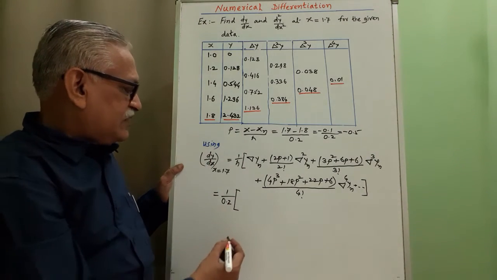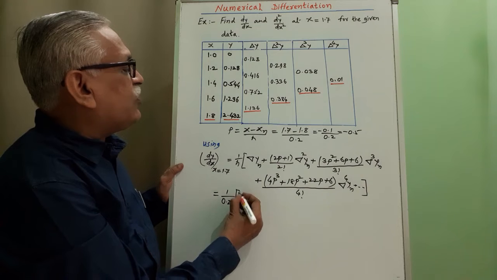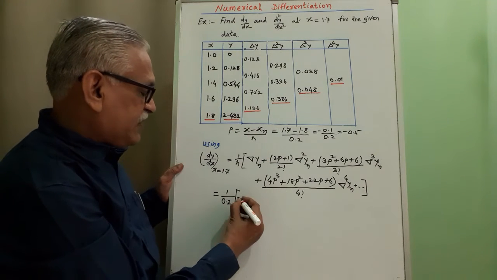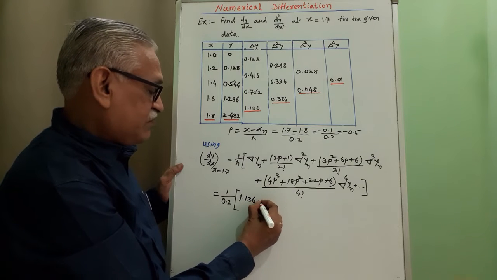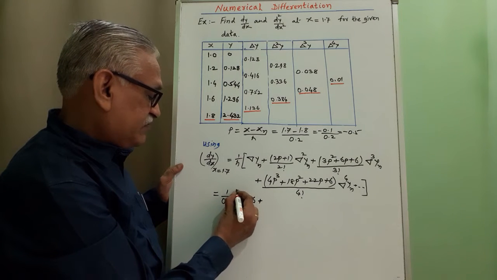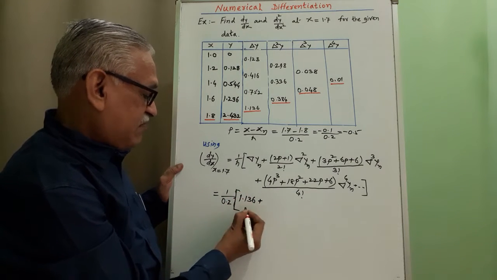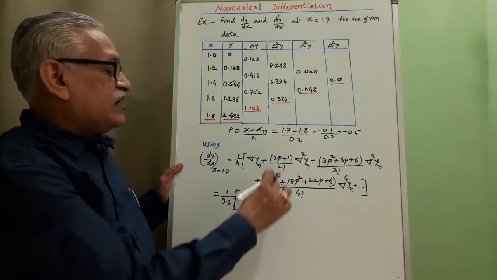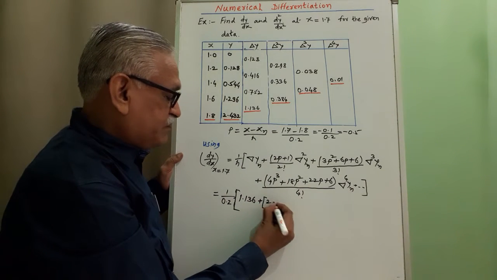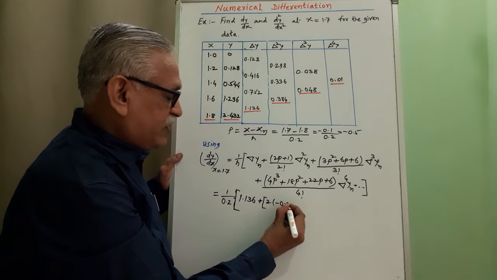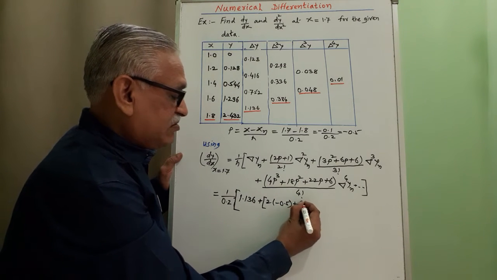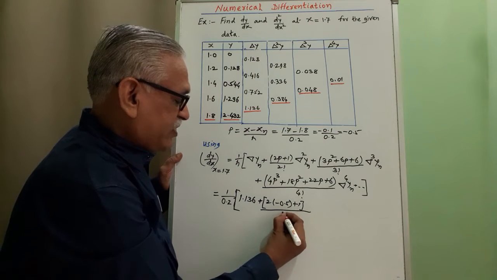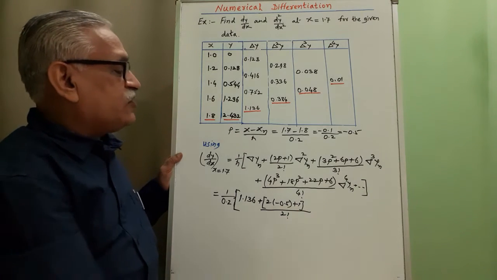Del yn is 1.136 from the table, plus 2p plus 1, where the value of p is minus 0.5, that is 2 into minus 0.5 plus 1, divided by 2 factorial into del square yn.